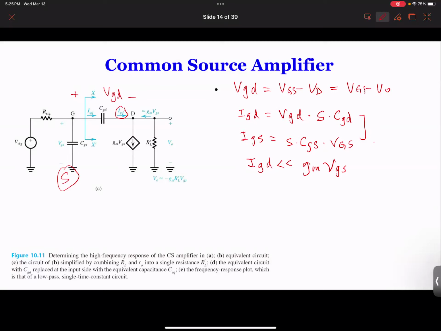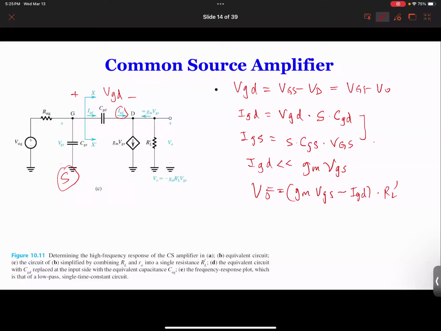And GM times VGS is the current in this branch, which means if this current is much larger than IGD, the current through RL prime is going to be all of it. In other words, I can get VO equal to GM times VGS minus IGD times RL prime.